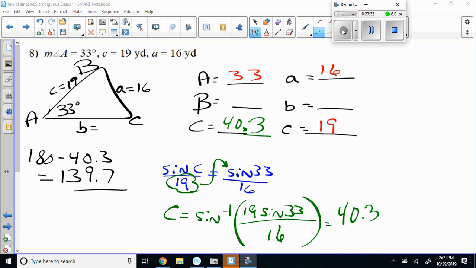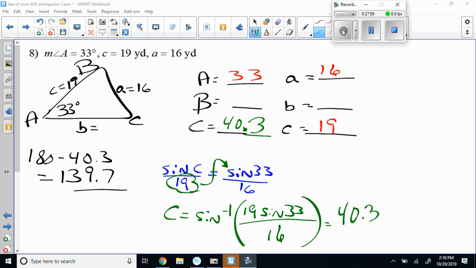If I take 139.7 plus 33, the angle that we got for A, add those two together. Tell me what 139.7 plus 33 is. 172. Okay, it's less than 180, right? Y'all agree? So guess how many triangles I can have? 2. Okay, I can have 2.